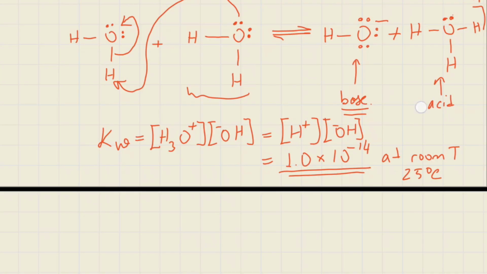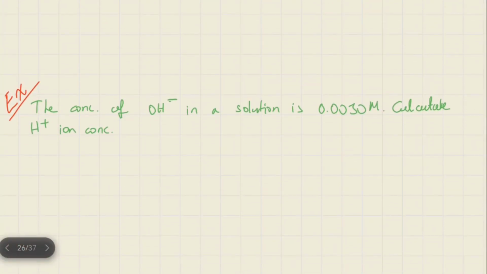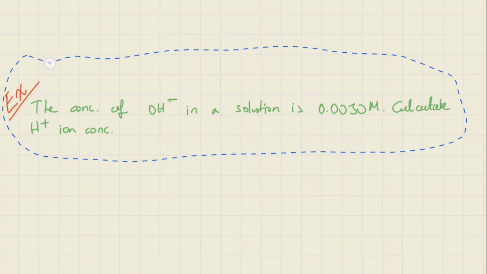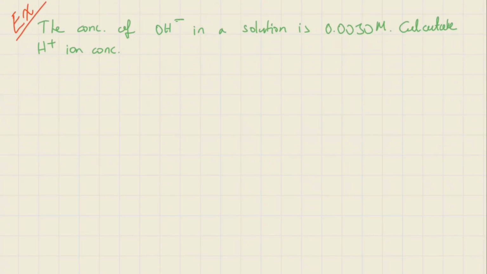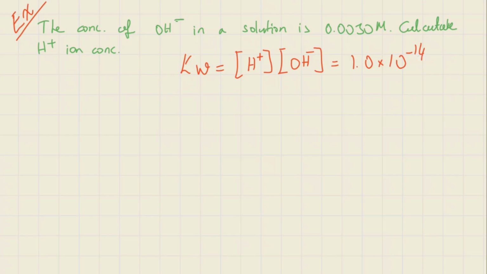to solve the questions. And I want to make an example. The concentration of OH in a solution is 0.0030 molar. Calculate the hydrogen plus ion concentration. So as I know, Kw value is equal to hydrogen plus times OH minus, and it is equal to 1.0 times 10 to minus 14.